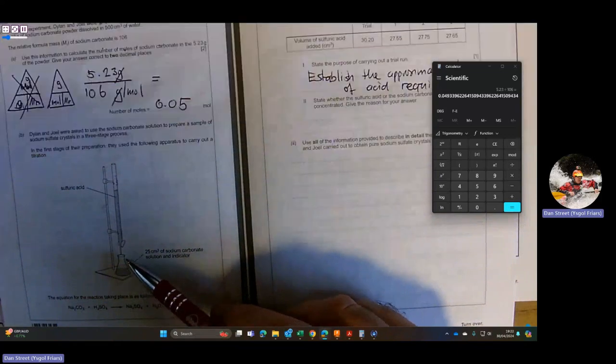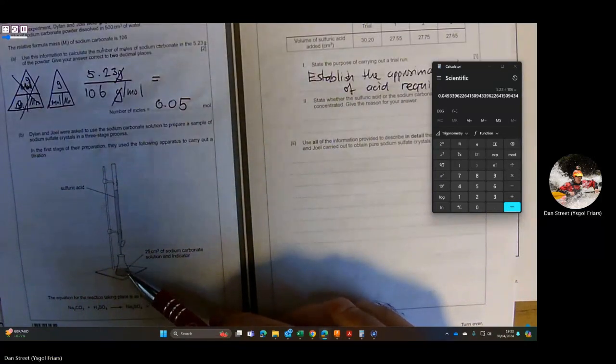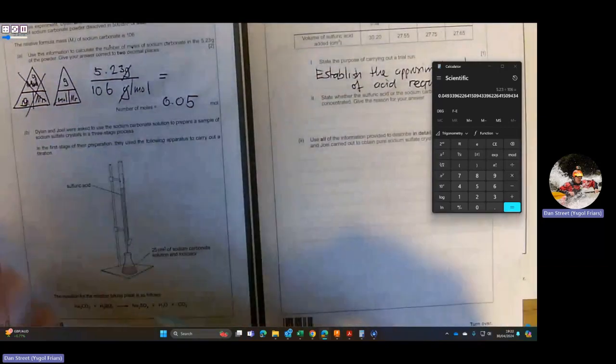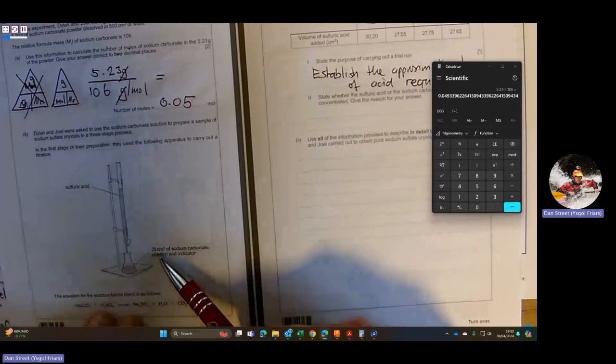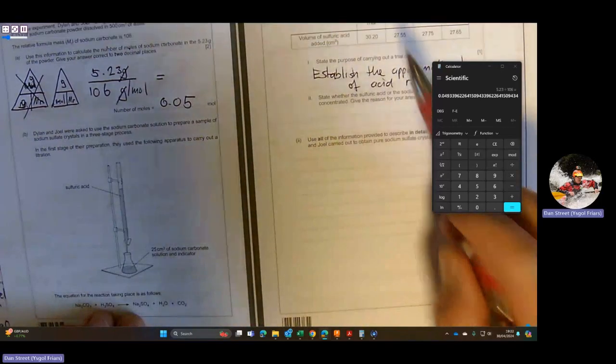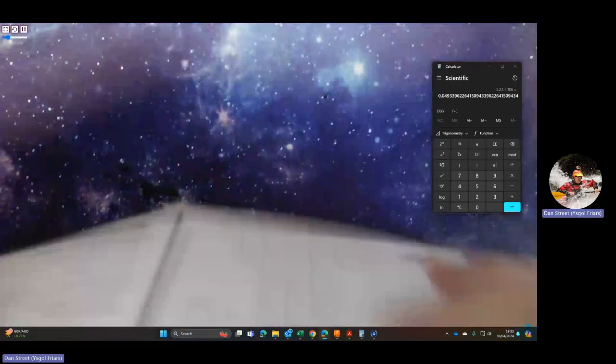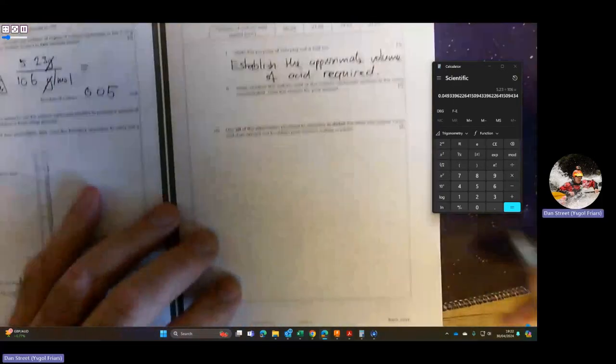That tells us that the sodium carbonate is more concentrated, slightly more concentrated. It's not a big difference. It's 25 centimeters compared to the 27. But it's slightly more concentrated, because you need a little bit more.